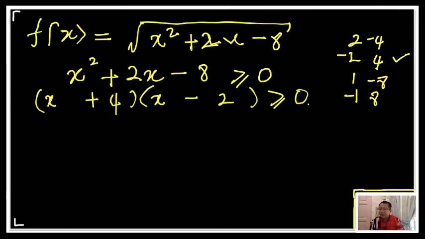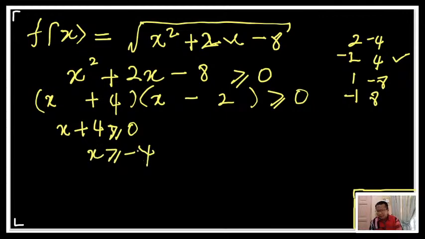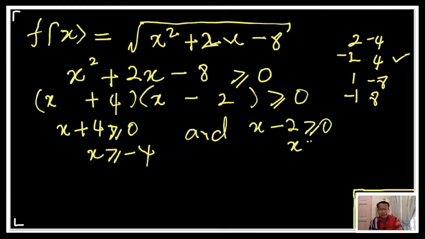But you can also use your calculator. In order for this to be greater than or equal to 0, we need both factors positive, or both negative. So x plus 4 greater than or equal to 0 gives x greater than or equal to minus 4, and x minus 2 greater than or equal to 0 gives x greater than or equal to 2.